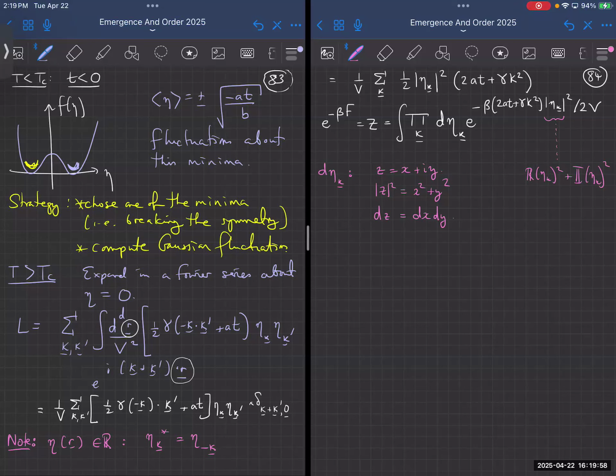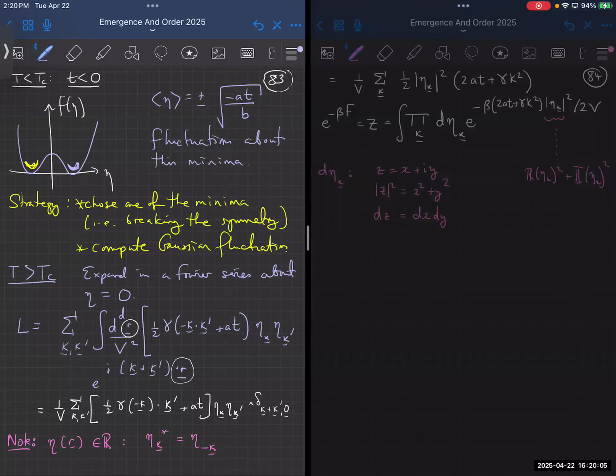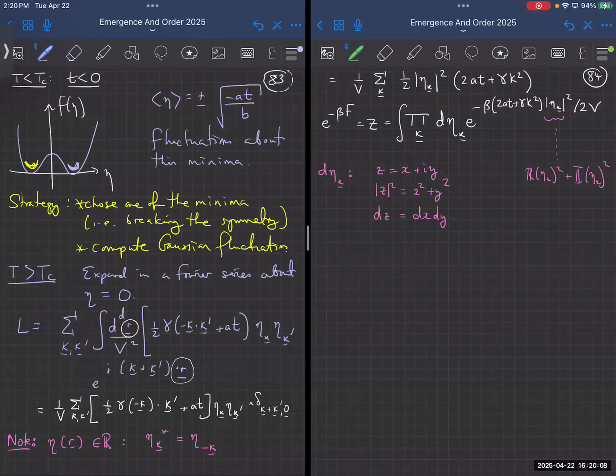The second thing is, if I look at this integral, each of these integrals factorizes. So I can say that Z is equal to the product over k, I can take the product outside, and then I've got d eta of k e to the minus beta times some number, which I'm writing as 2at plus gamma k squared, eta k squared divided by 2V.